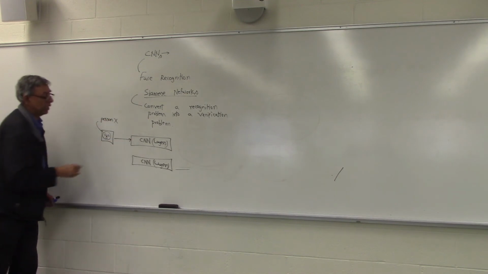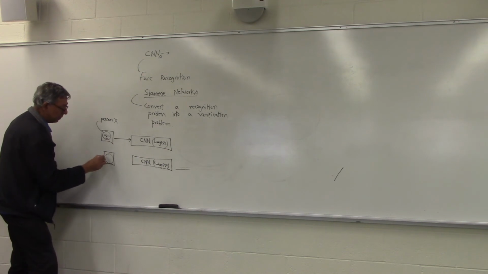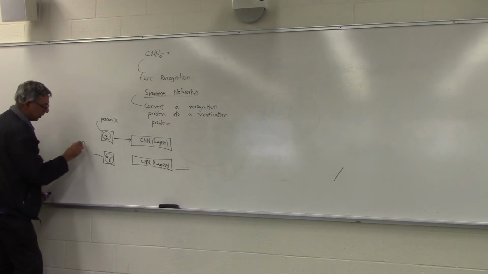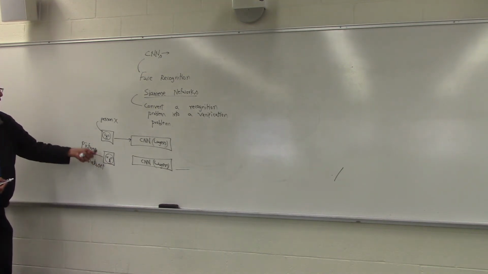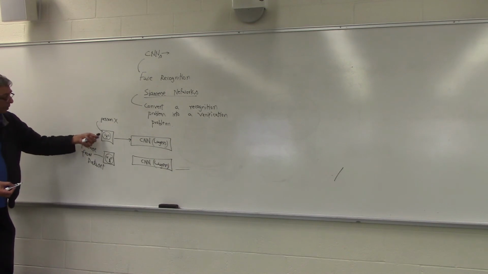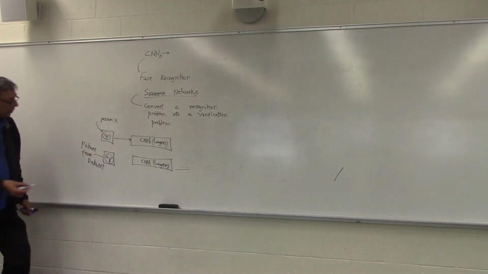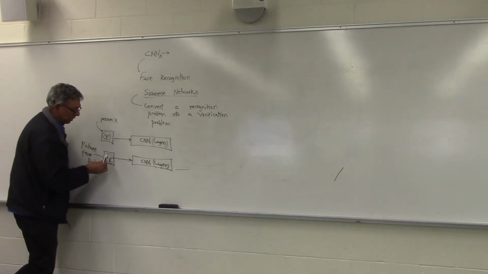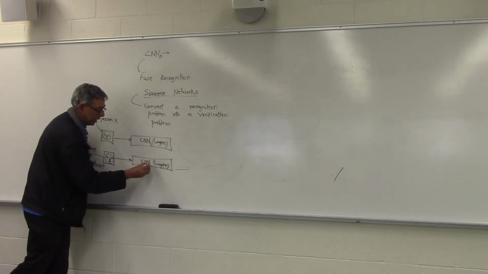We feed it over here. We now pick a picture from our data set. Let's pretend this is a picture of Bill, and if we have a picture of Bill stored in our database, then we feed it to the second CNN. So this is CNN1, CNN2.